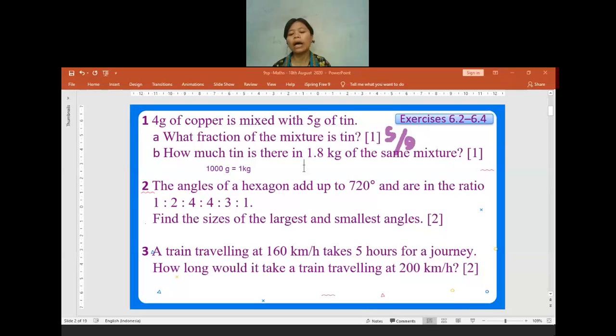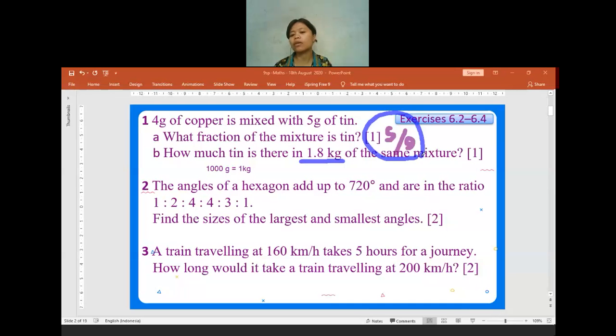So I have the mixture, which is 1.8 kg. This is already having copper and also tin in it. Now my job in question B is just to find how many grams or kilograms the tin is. You already have the ratio of the tin, right?